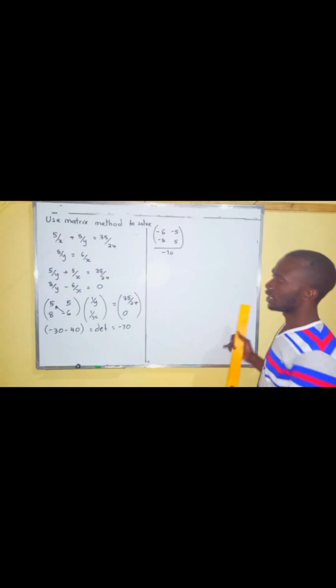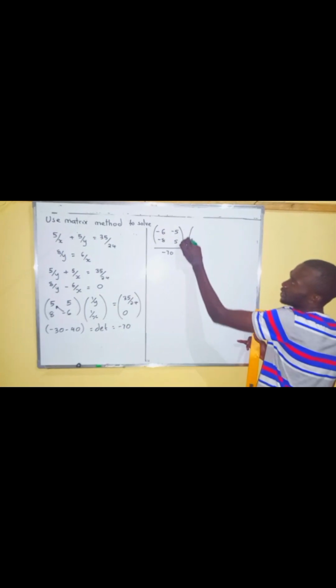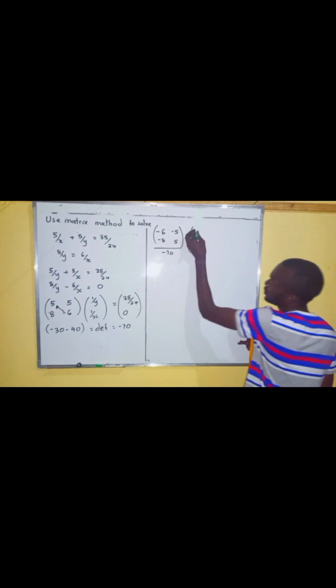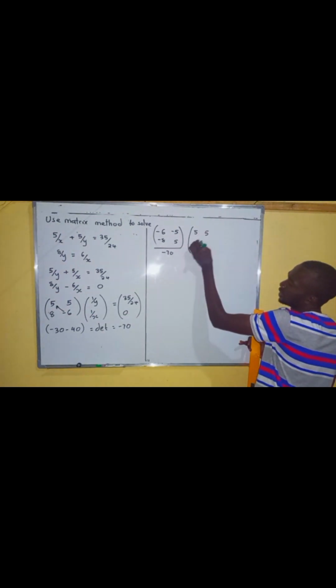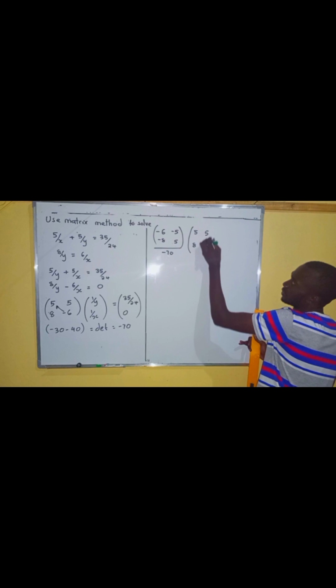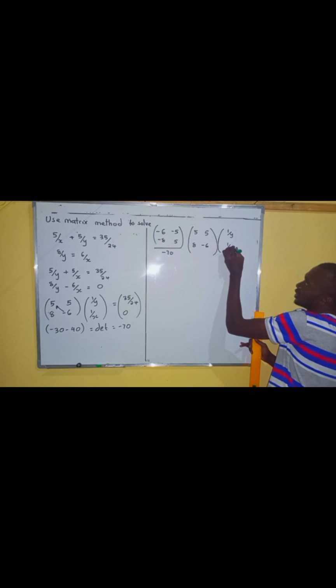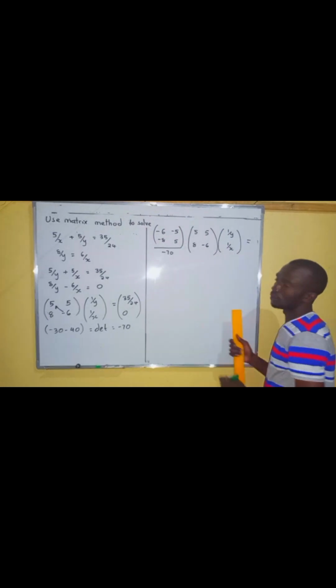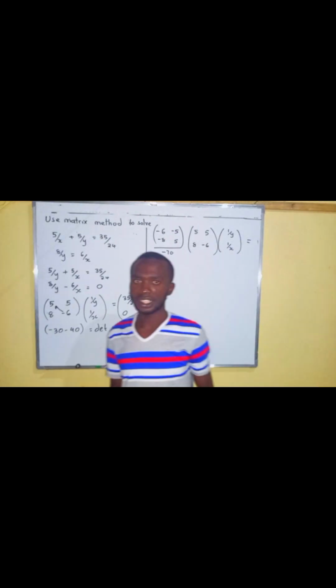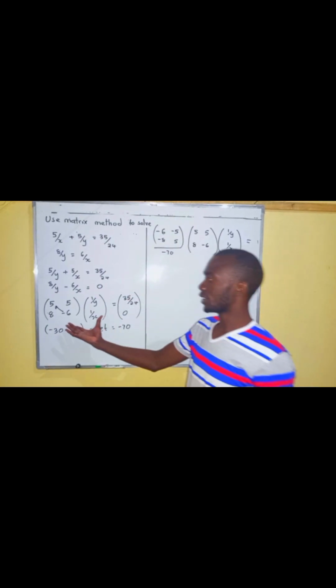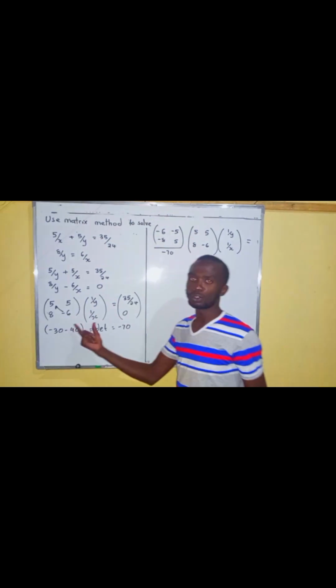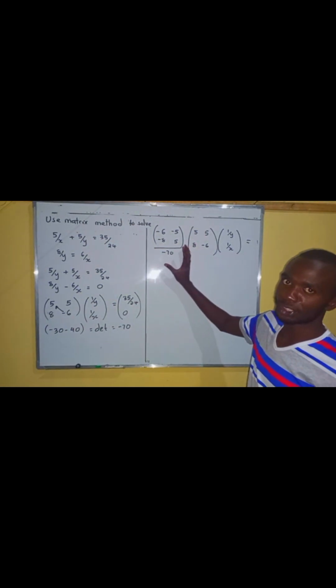Then after that, we continue by multiplying the original matrix, 5, 5, 8, negative 6, by 1 over y, 1 over x, which must be equal to the right hand side. Whatever we did on the left hand side of the equation, we took the matrix and multiplied by the inverse of the 2 by 2 matrix.